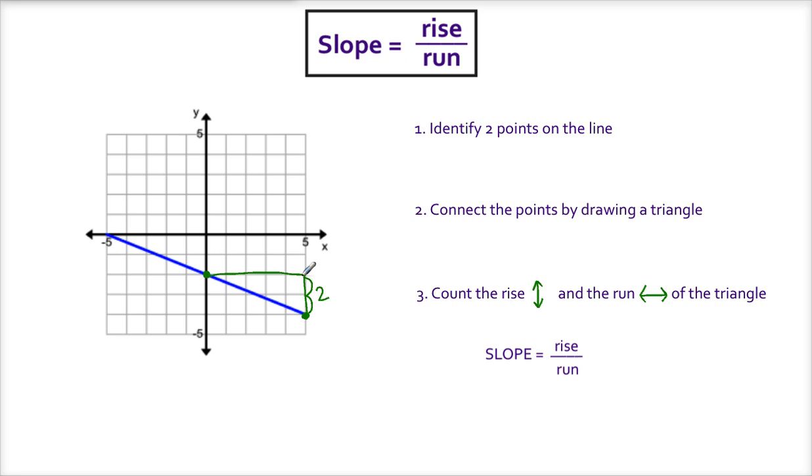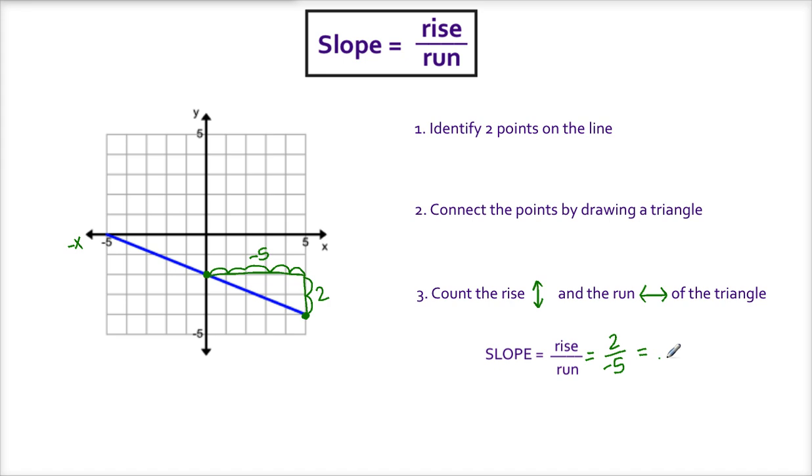Now once we reach this point, the run, notice we're counting to the left, and to the left means we're going in the negative x direction. So that means this is a -1, -2, -3, -4, -5. So in my slope equation, the rise is 2 and the run is -5.